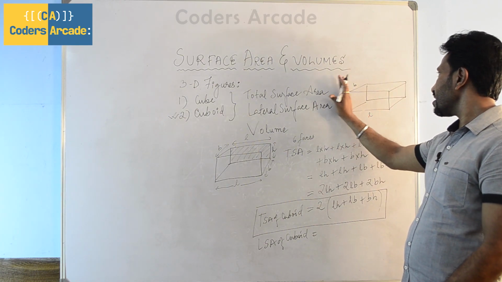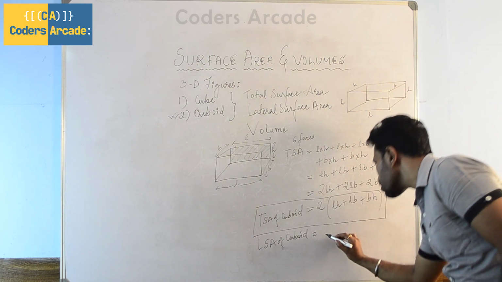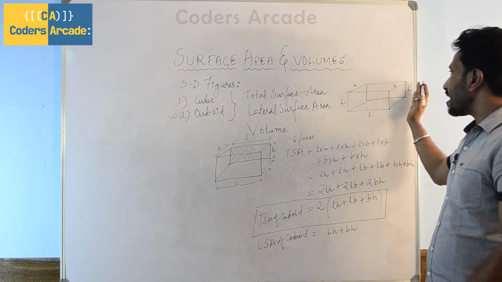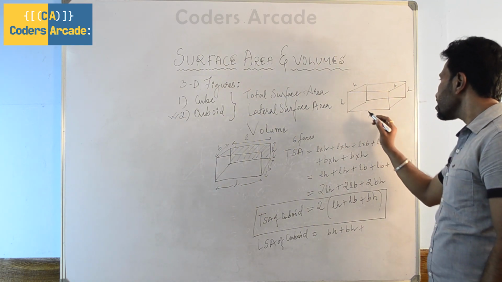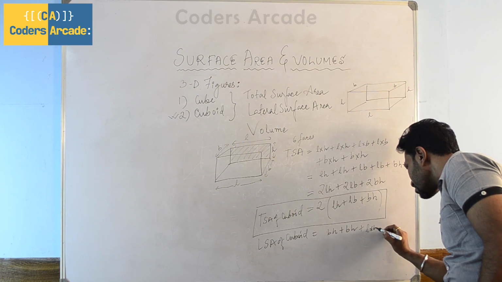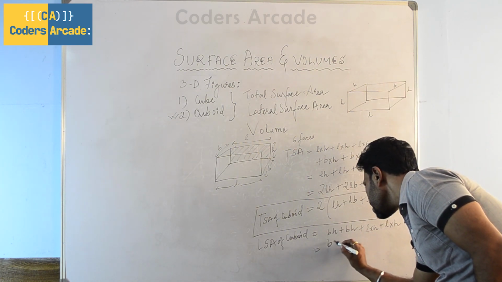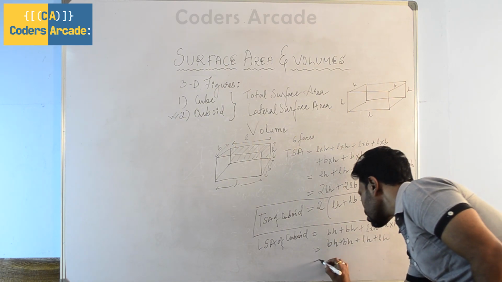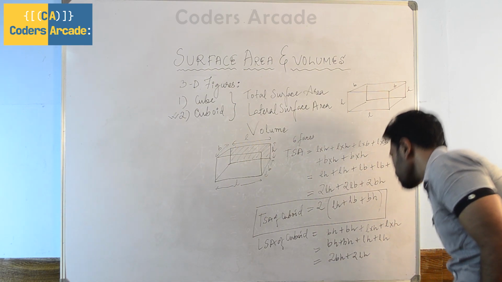So let us see, B into H, this side and this side are similar, because this is also B, this is H. So BH plus BH, because two sides and the front side and the back side. So it will be plus, this is L and this is H, L into H plus L into H. So it is BH plus BH plus LH plus LH is equal to 2BH plus 2LH.